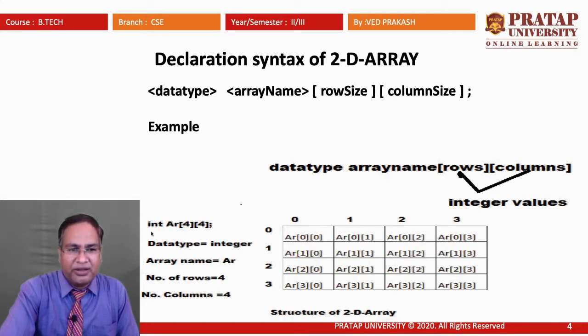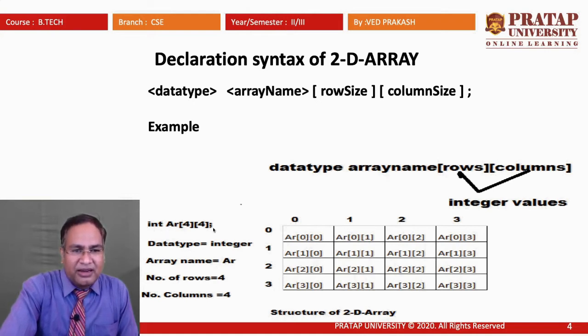For example, here we are using integer type array elements, so each cell consumes 2 bytes. As we declare int AR, rows 4 and columns 4, the data type is integer, the array name is AR, the number of rows is 4 and the number of columns is 4.